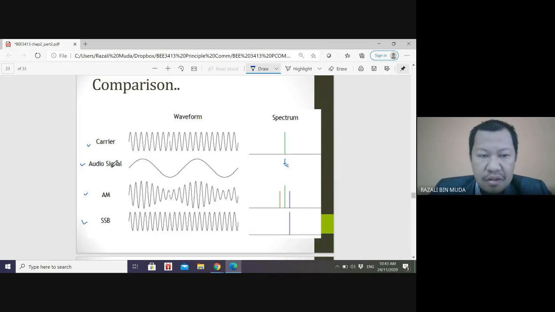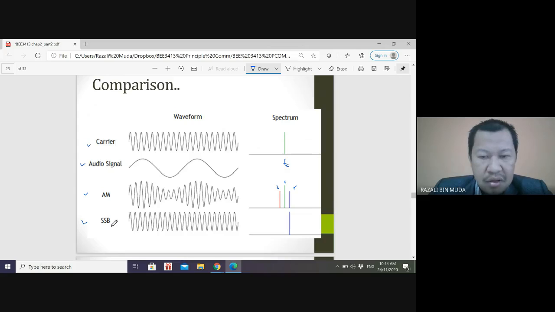Then you have the modulating signal or audio signal, a very low signal. It is not shown in the spectrum; actually it is down here compared to FC. For conventional AM, you have three components: lower sideband, FC, and upper sideband.